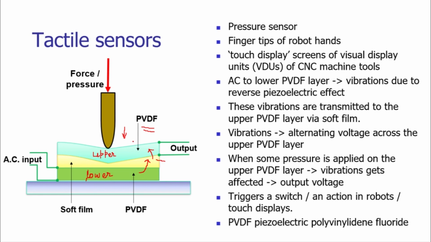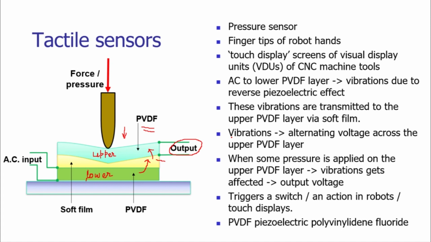As the vibrations are getting disturbed, there is a change in output. So the change in output with respect to the application of force or pressure is calibrated in the laboratories. This information will further be utilized to take the necessary decision or action.